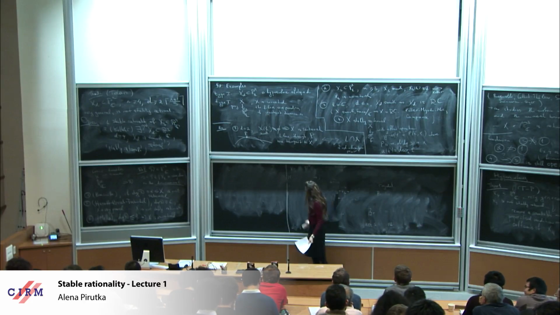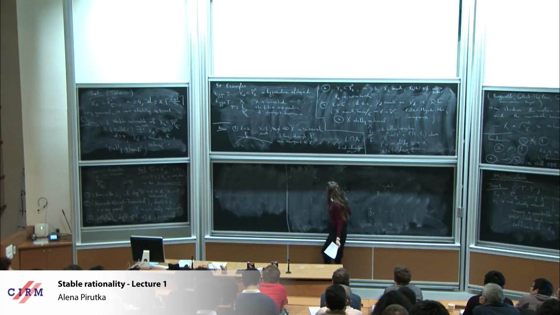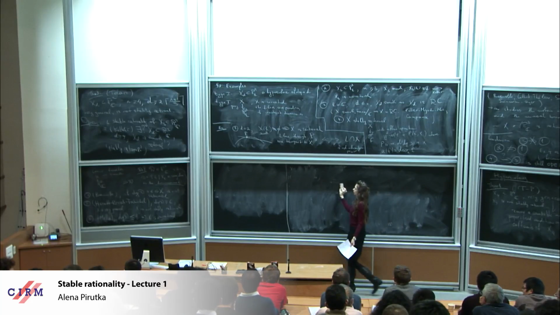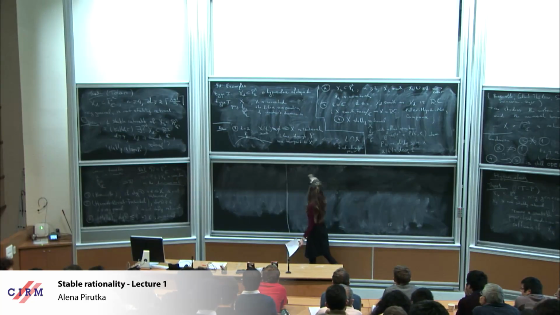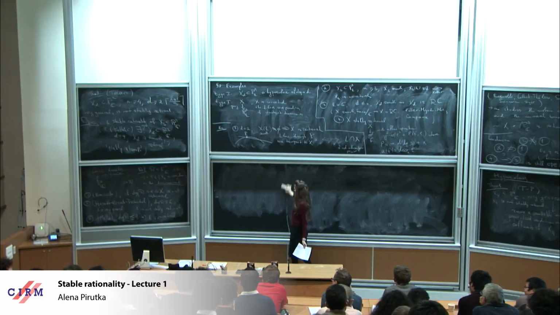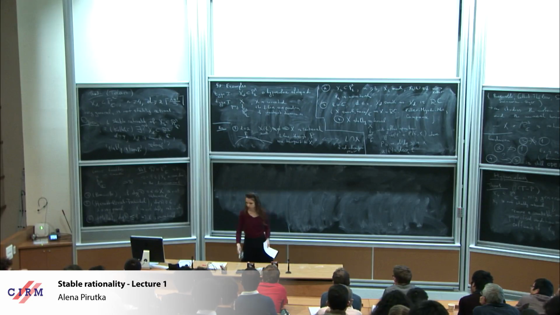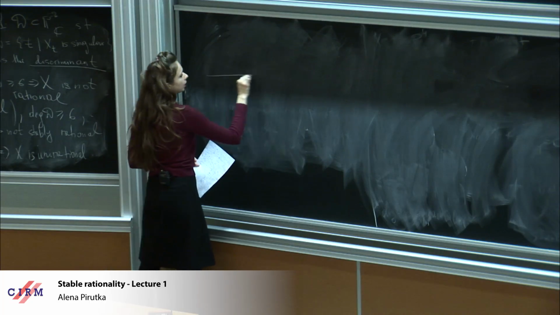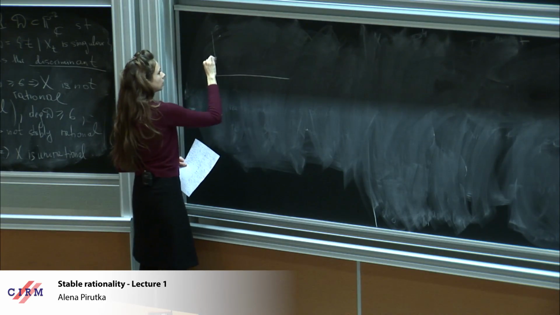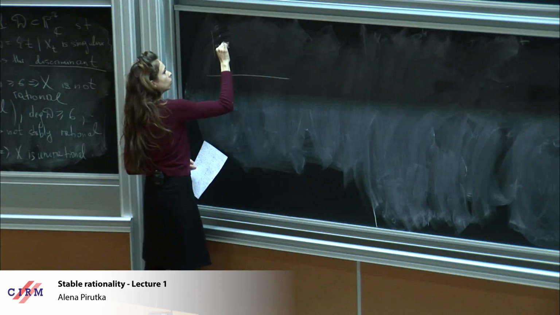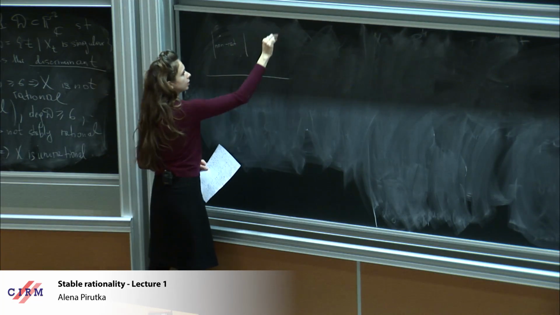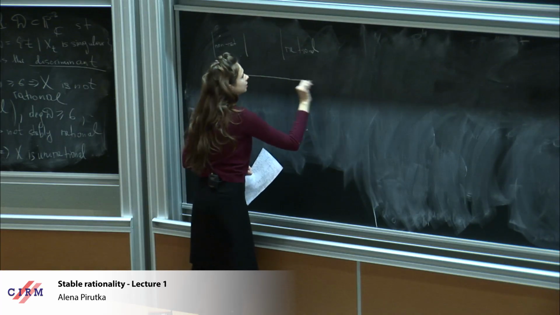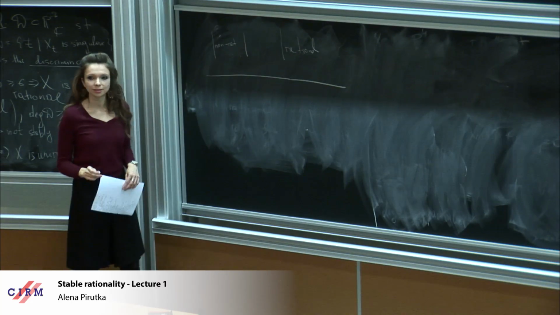So, who could give me an example of a family with all fibers non-rational and one fiber rational? Yes, that's a good question, indeed.